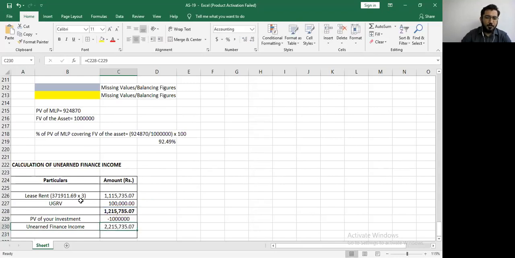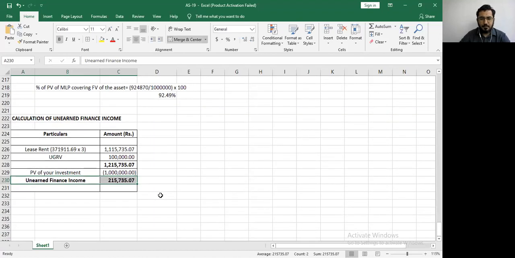You get 2 lakh 15,735. This is your unearned finance income. Just copy this down, and then I will explain to you the entire concept of unearned finance income.